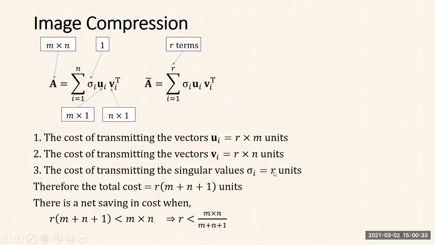And so if you take like the first 50 or 60 singular values, I'll show you visually today, you will get a very good image. This A tilde image would look very similar to A, but it would be a low rank approximation, and if you were to transmit A tilde instead of A, you would get a lot of savings. Or if you were to store them, either way it's fine.